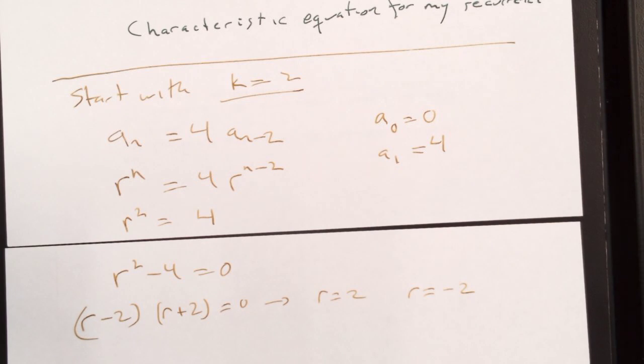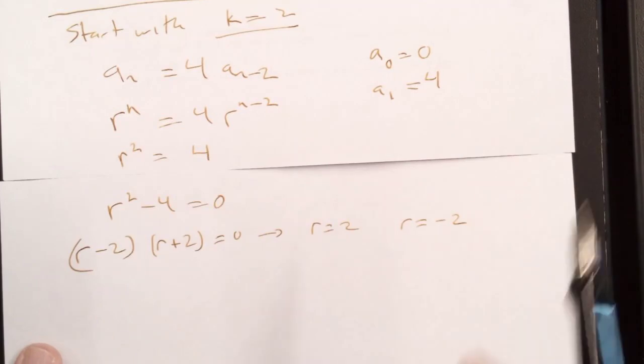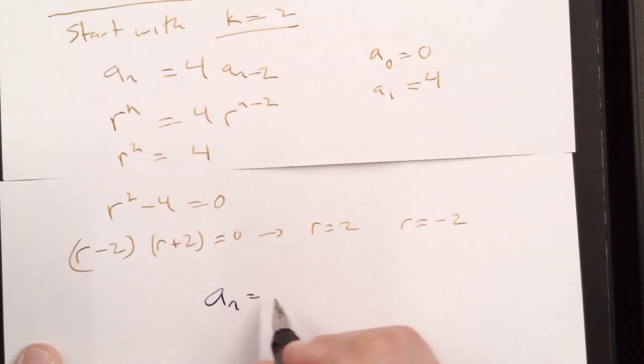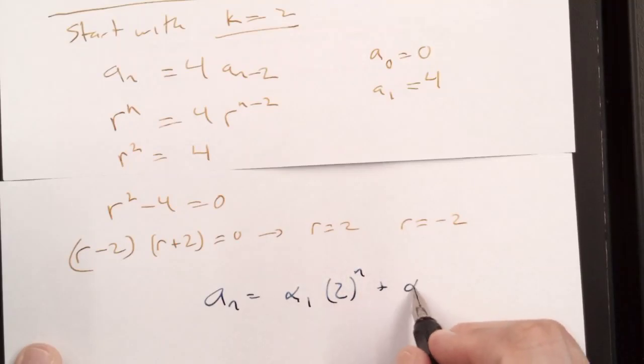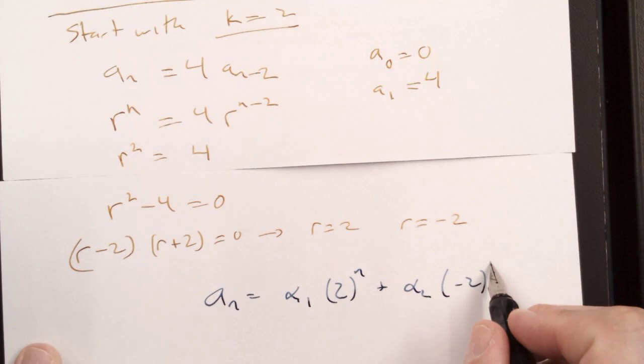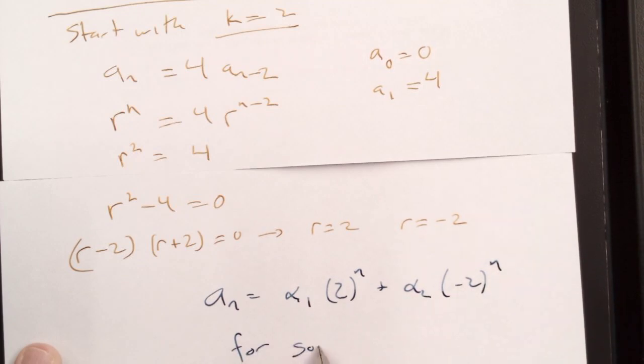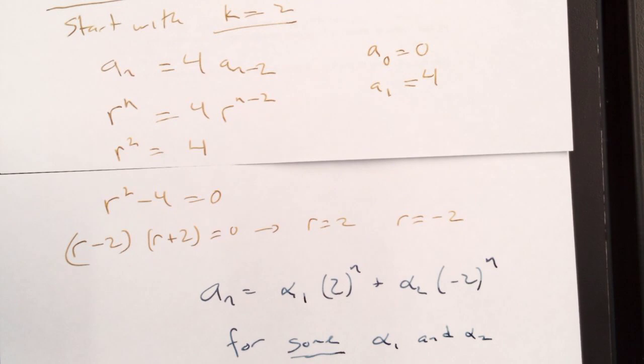But if I can use each of those numbers, I can use any combination of those two numbers. I now can guarantee that the solution I want looks like this.